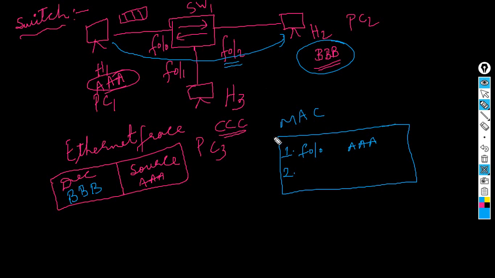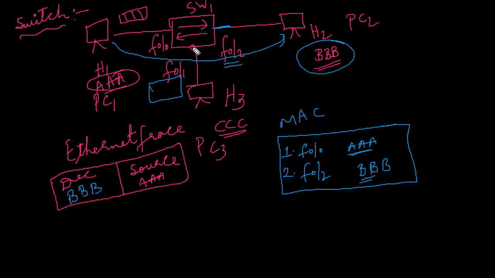It will record that my port 2, F0/2, has the MAC address BBB. This way it stores and performs the operation. It will check where the MAC address AAA is, where the MAC address BBB is. It will check the frame to see where it needs to be sent, and depending on that MAC address, it forwards the frame to that particular interface. Okay, the switch works this way.